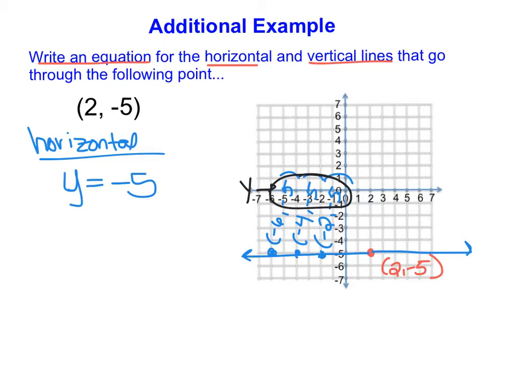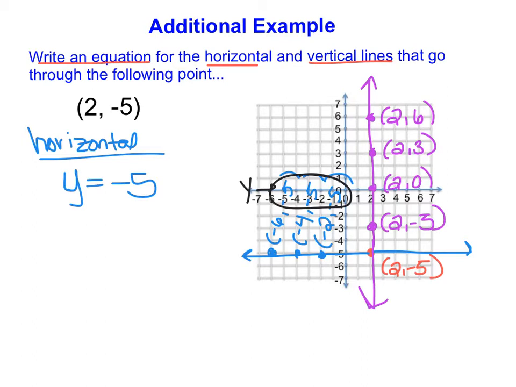Then from here, if I focus on the vertical line that's going through that point, if I focus on points on that vertical line, here I have the point x is 2, y is 6. x is 2, y is 3. x is 2, y is 0. x is 2, y is -3.